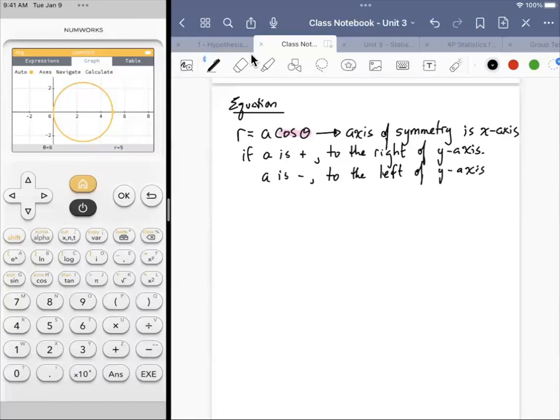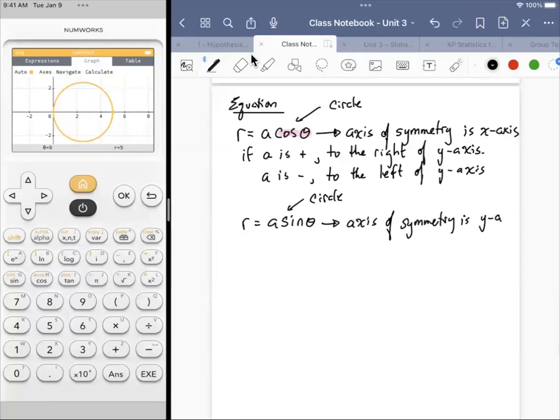You could also have an equation that's in the form, oh, and by the way, these are circles. All right. So same idea here. If I have a sine theta, also going to be a circle. The axis of symmetry is the y-axis.